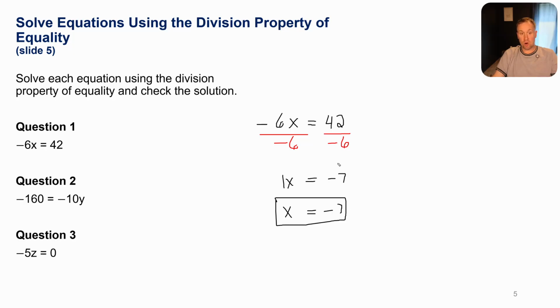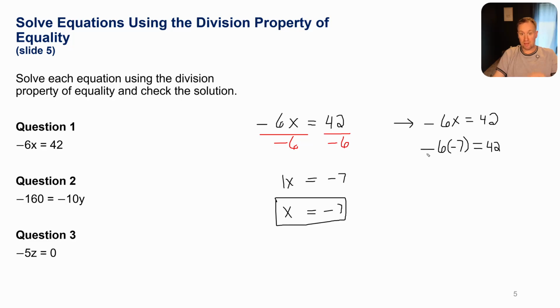Now checking our work, we take our original equation, negative 6x equals 42, and substitute the negative 7 into the x variable. So now it is negative 6 times negative 7 equals positive 42.